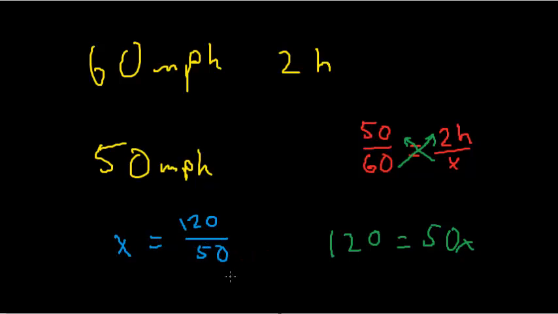X is 120 divided by 50, or in this case, x is equal to 2 2/5 hours. So what that means, going 60 miles for 2 hours, I can go that same distance going 50 miles per hour for 2 hours and 2/5 of an hour.